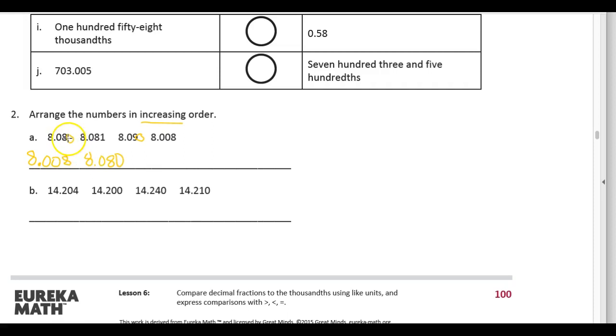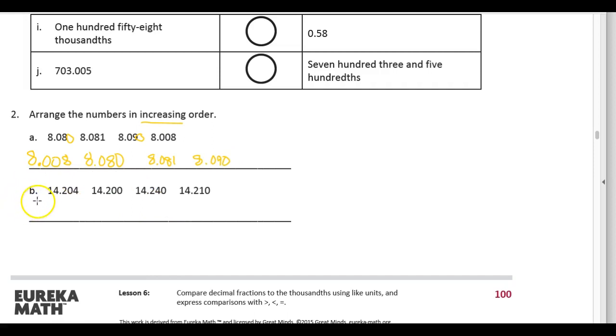So here we've got 80, 81, and 90. So 81 is next. Here's 8 and 81 thousandths. And then we go to the next one, and this is 8 and 90 thousandths. Let's go to the next one.